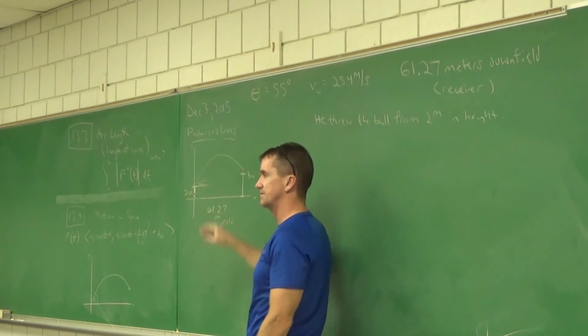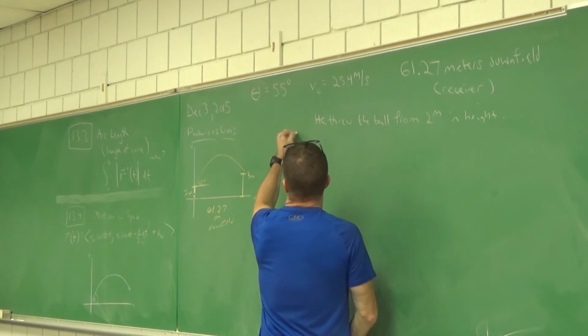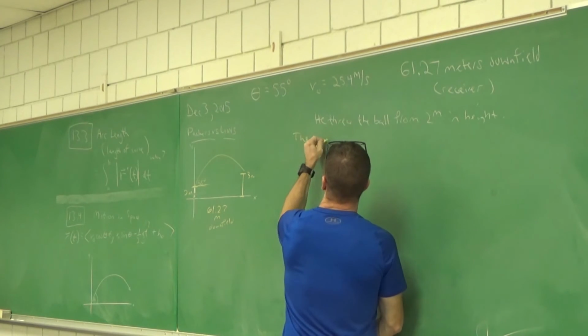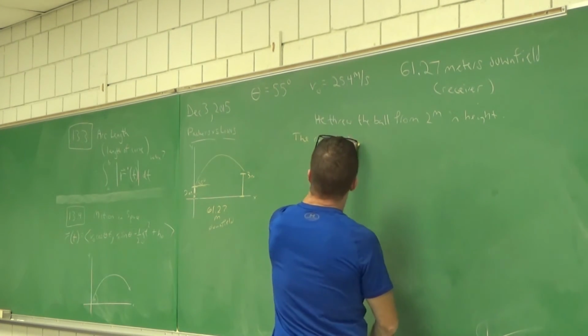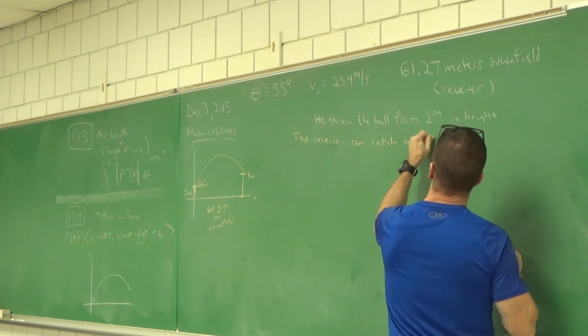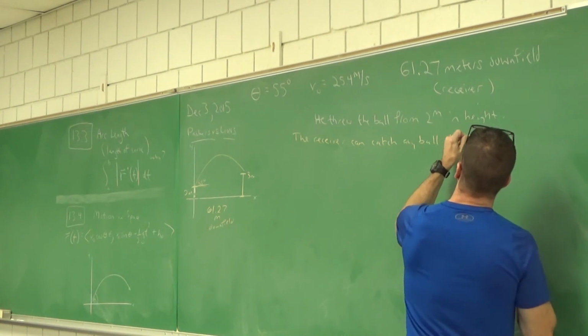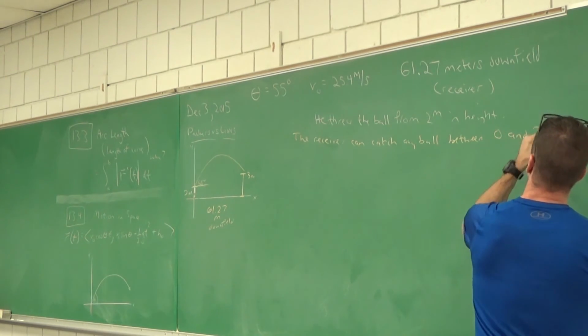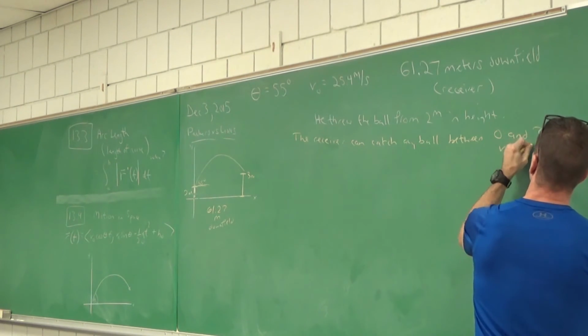That's what we want to see. All right. I do want to mention it again, I'll write it on the board. The receiver can catch any ball between 0 and 3 meters. Just think vertically. Okay.